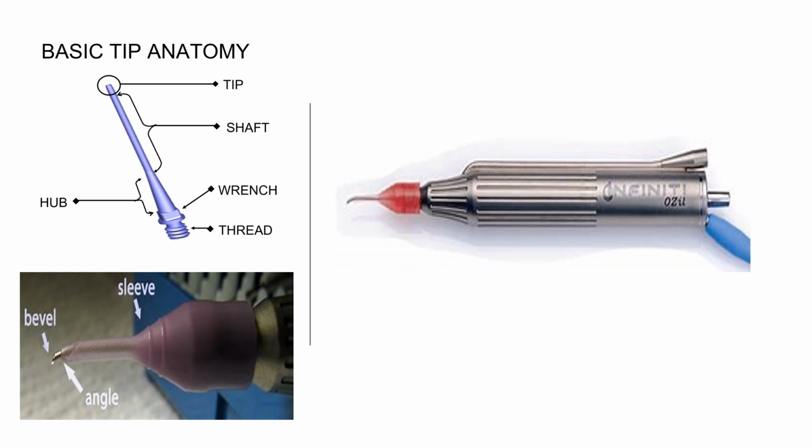And the sleeve, also called the irrigation sleeve, is attached to the tip. The flow of irrigation fluid happens through the gap between the sleeve and the tip.